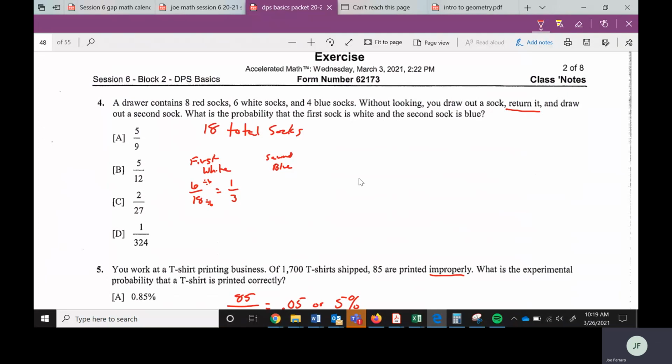The reason it's key that you return it is now there's still 18 socks in there because you put that one back. Okay. Now they want to know what's the probability it's a blue. So out of those 18 socks, there's 4 that are blue. So 2 goes into both these numbers. 4 divided by 2 is 2. 18 divided by 2 is 9. So we got a probability that the first sock is 1/3, and then probability 2/9 that the second sock is blue.